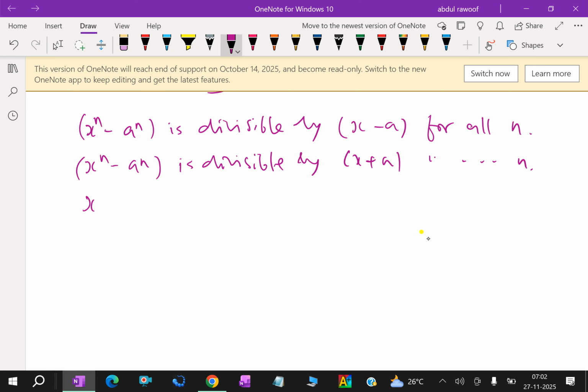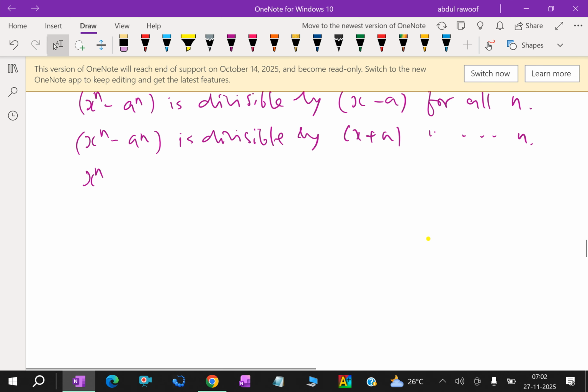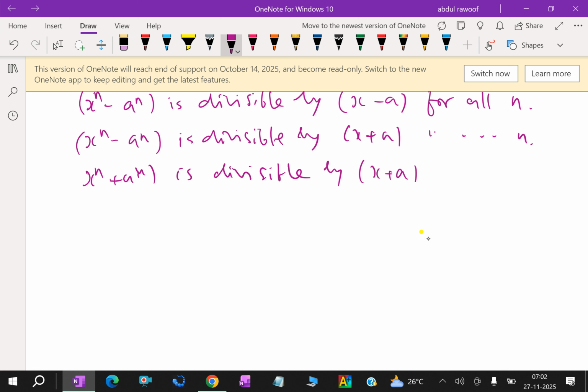One more, x power n plus a power n is divisible by x plus a for all odd values of n, odd numbers.